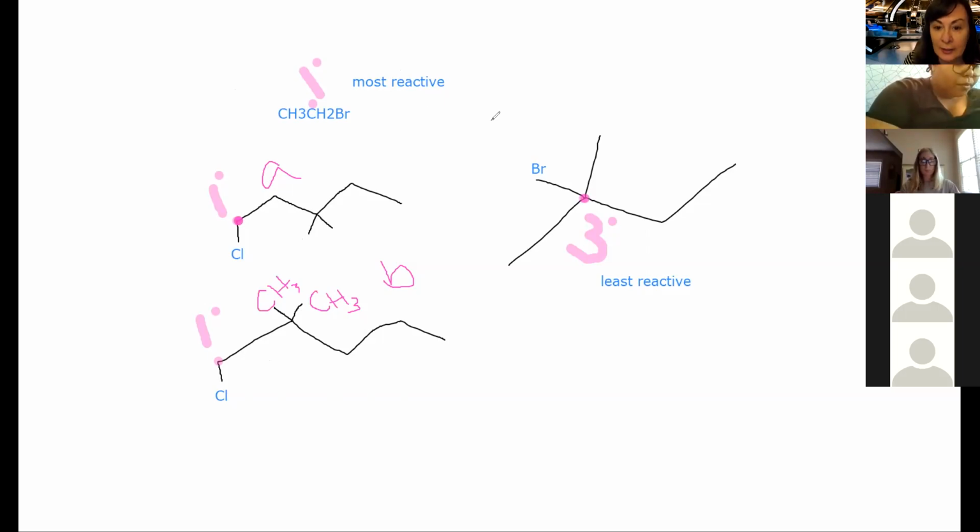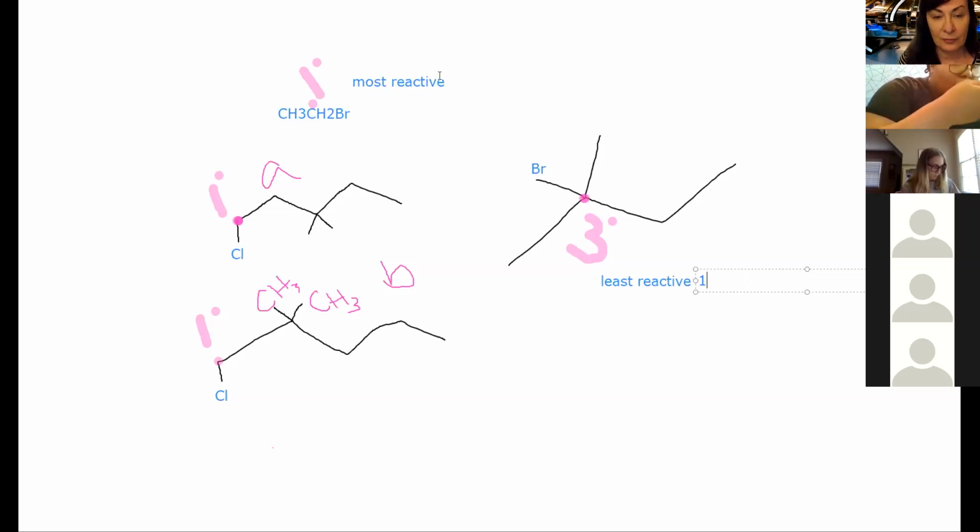So if we're doing order of reactivity from least to most, it says to do it in increasing order of reactivity. So least reactive is going to be 1.